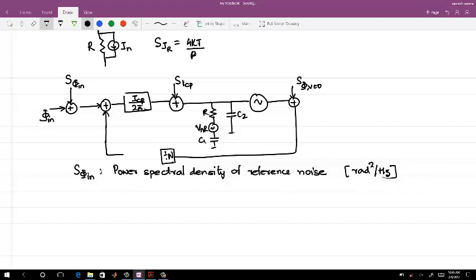Some noise will come with the divider also, the S phi divider. Okay.